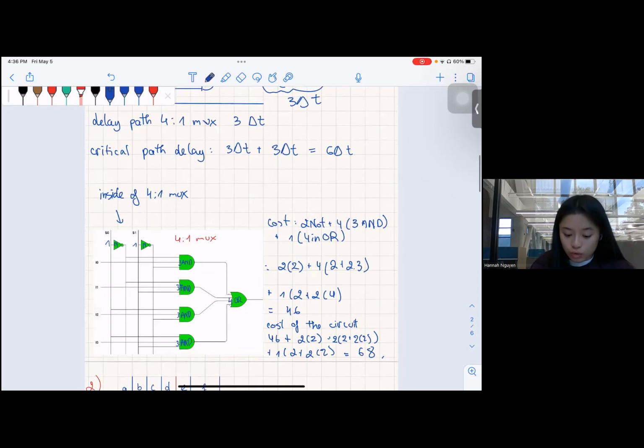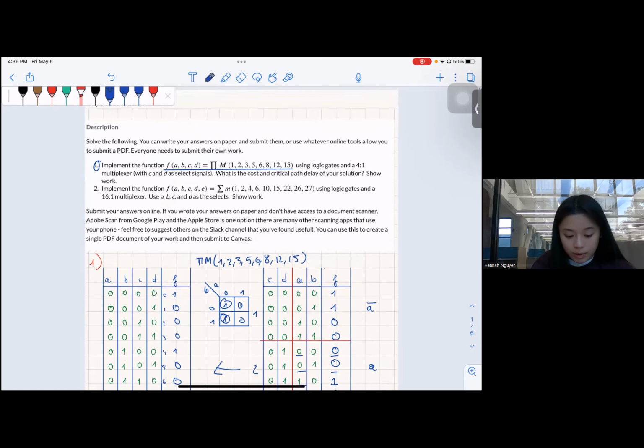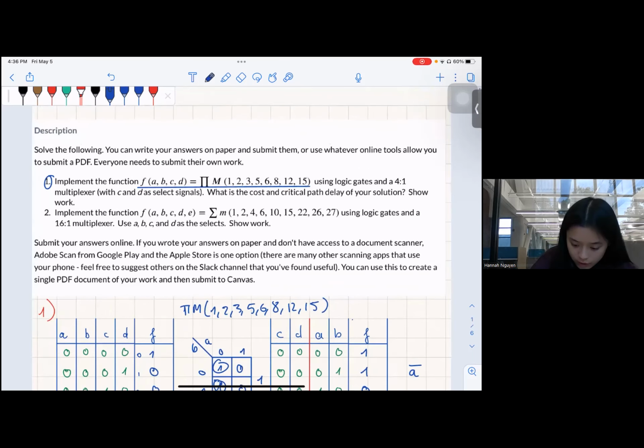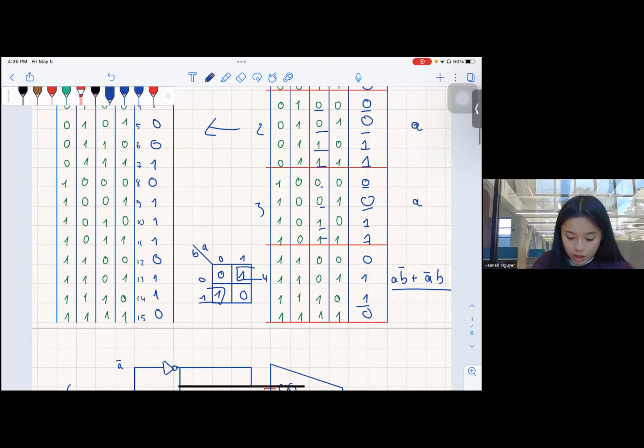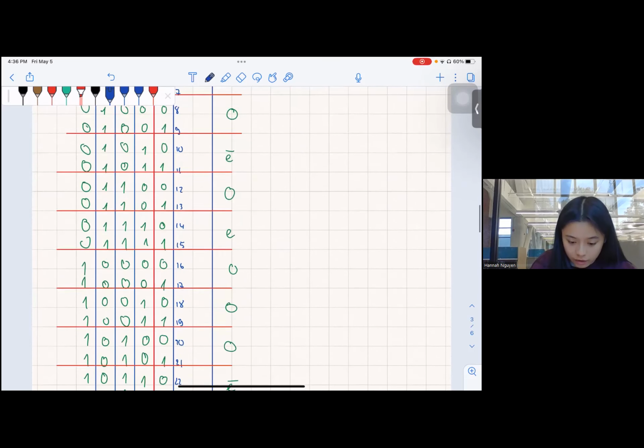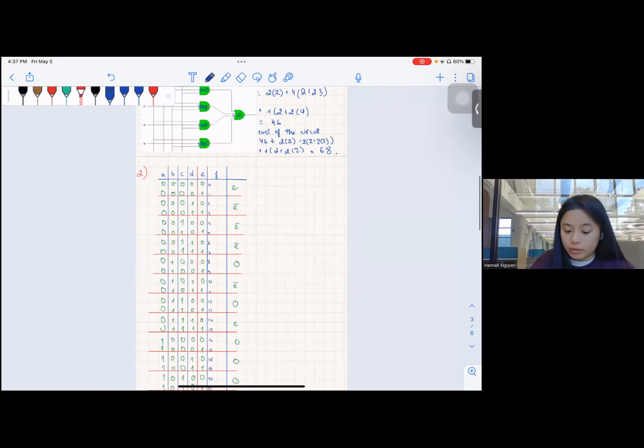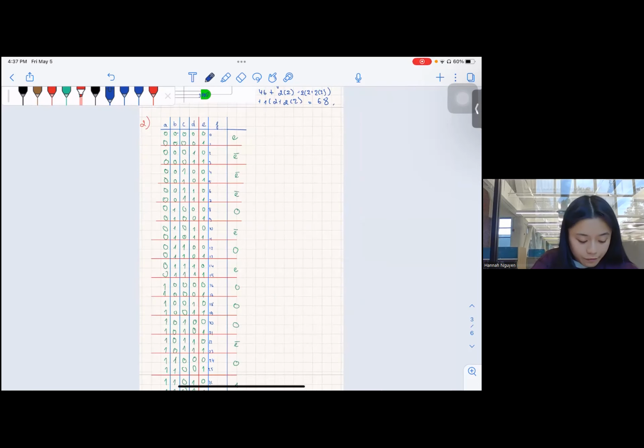Next, moving on to question number 2, which is to implement this function using the logic gates and a 16x1 multiplexer. Use A, B, C, and D as the select signals. Okay, I already have the truth table for the 5 variable function given out.